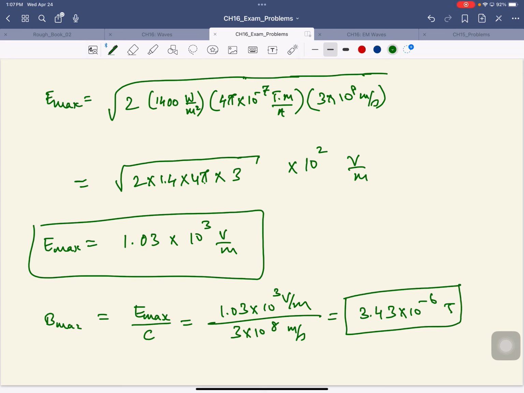And the amplitude of the magnetic field is 10 to the minus 6 Tesla. You got 3 times 10 to the minus 6 Tesla.